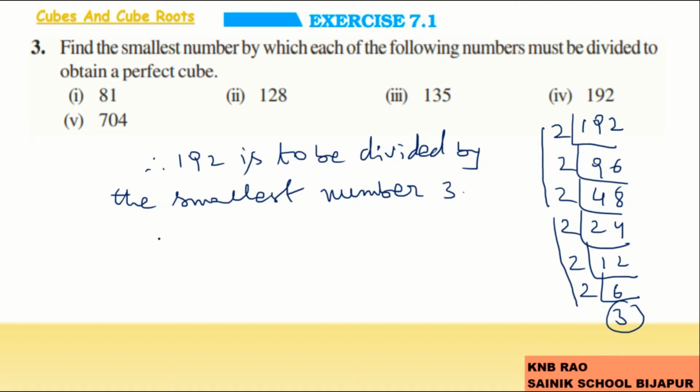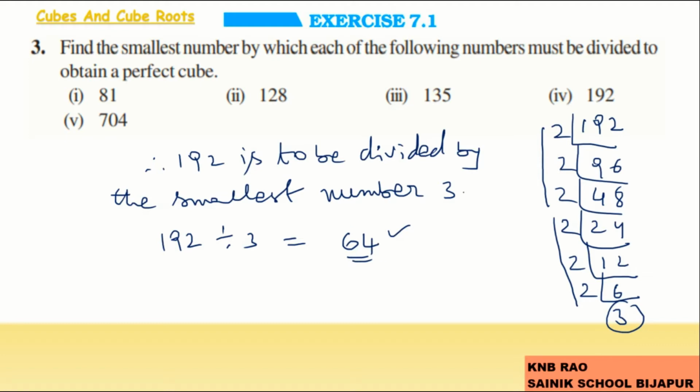So, when I divide 192 by 3, I will get 64, which is the cube of 4, and this is a perfect cube. This is how we do.